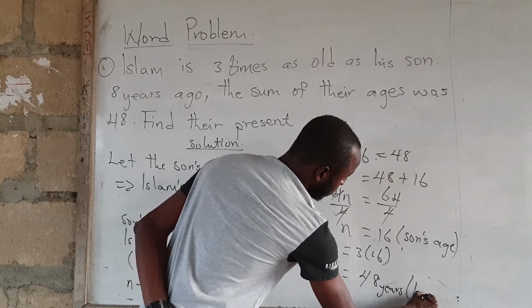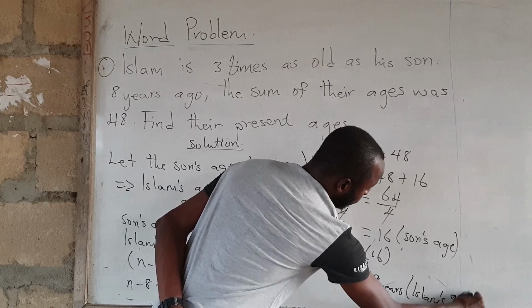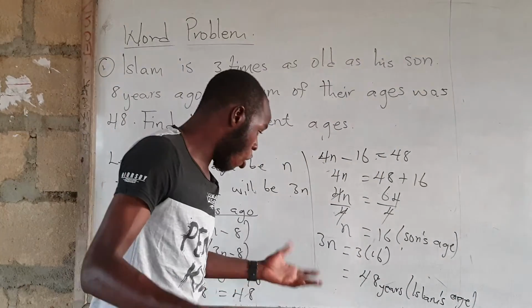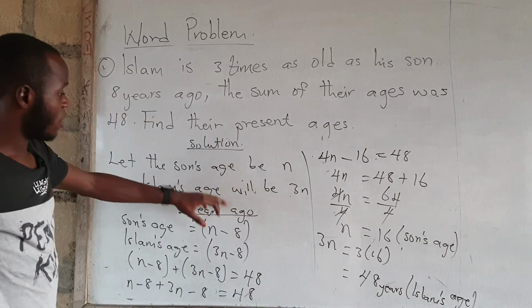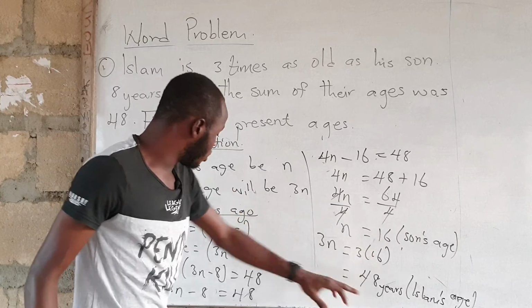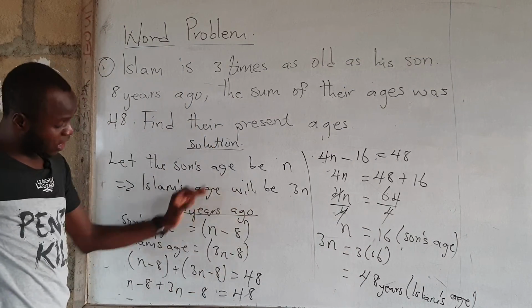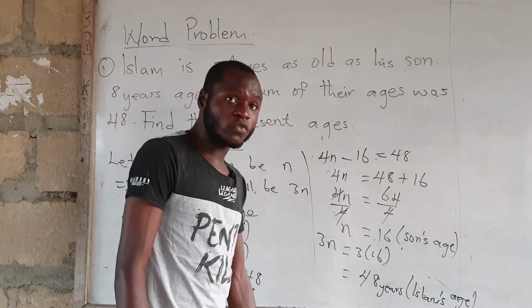And that is Islam's age. Now, if you want to verify whether your answer is correct or wrong, you can put these values, their ages, into these equations to see whether the expressions that you came out with are correct or not. So this brings us to the end of today's session.